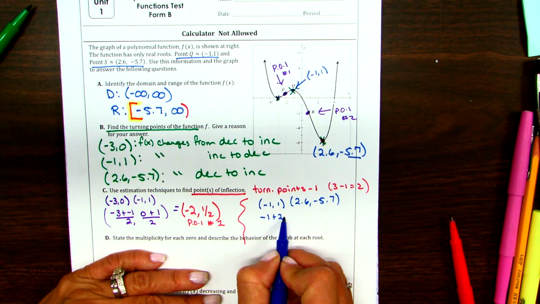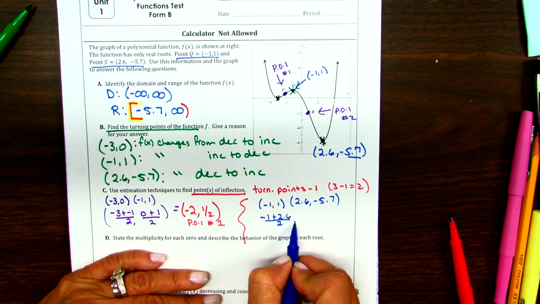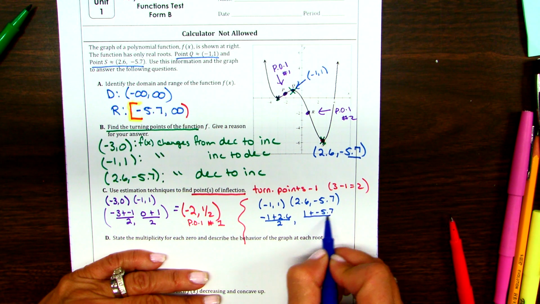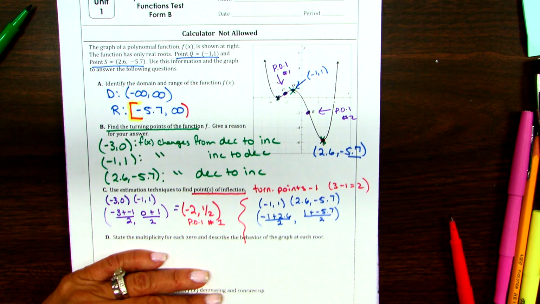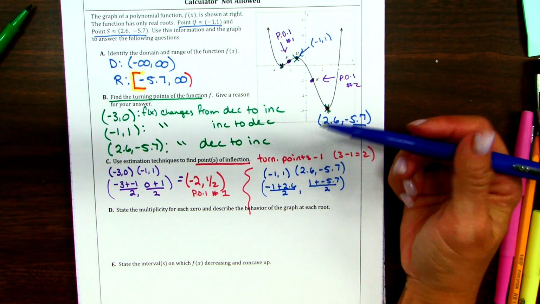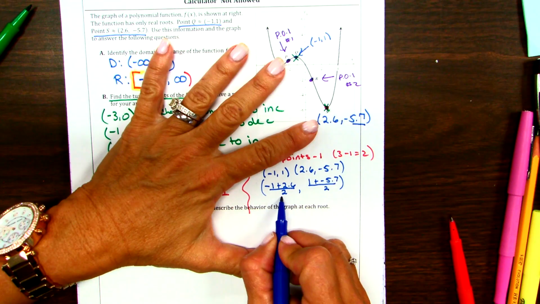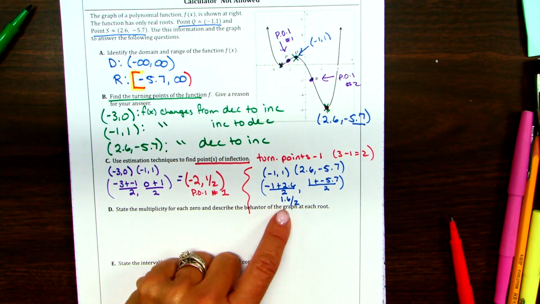Add my x's, divide by 2, add my y's, divide by 2. And I don't know how this problem got on this part of the test because it's no calculator. I do not expect you to be able to, I mean, it's not impossible, by the way, to divide these two, but it's not something you have to be able to do for this class.